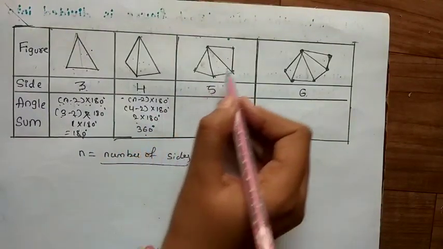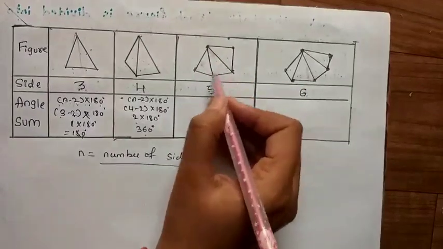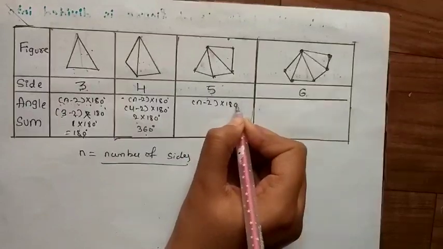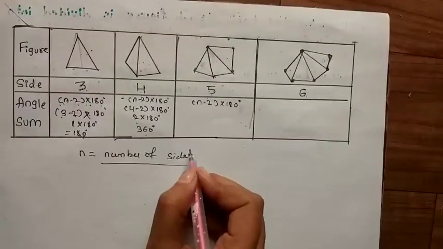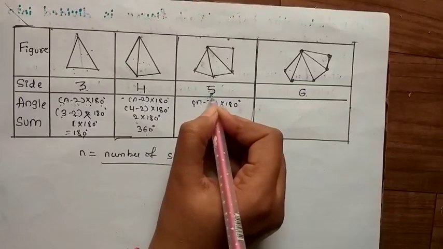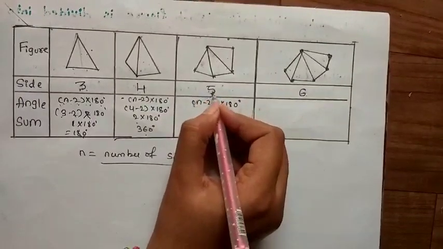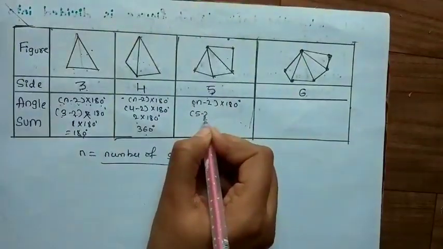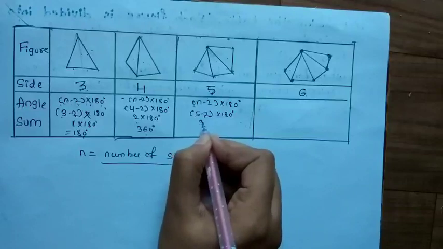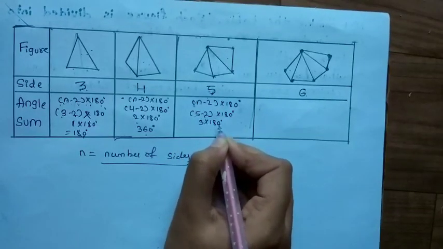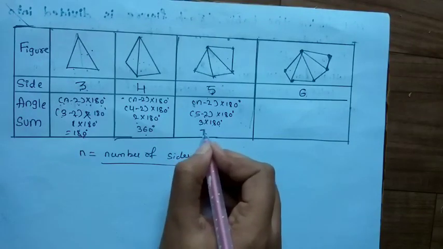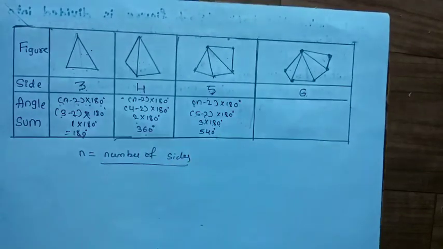Same here for the pentagon. For the pentagon again, (n minus 2) into 180 degrees. Here n is 5, because n represents the number of sides, and here there are 5 sides. 5 minus 2 is 3, so 3 into 180 degrees. 3 into 180 is 540 degrees.